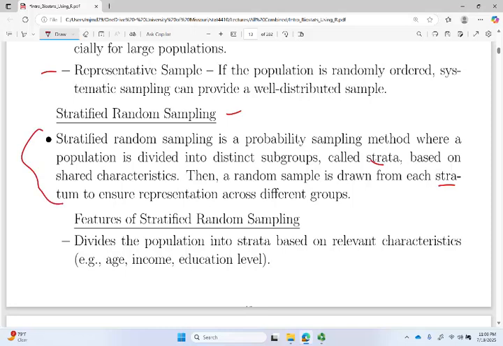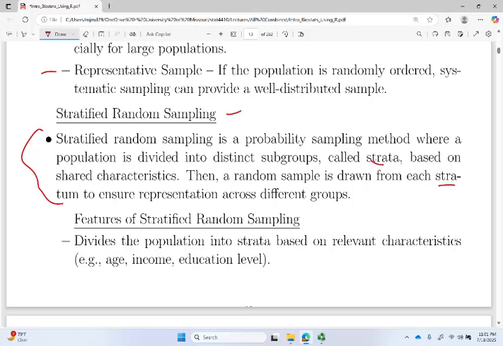And this makes sense. If we're studying a new medication that we want to give to every age group, and if we take a random sample, we may not get the elderly patients or the very young patients in our sample. And so when we collect data, can we extrapolate to those groups?